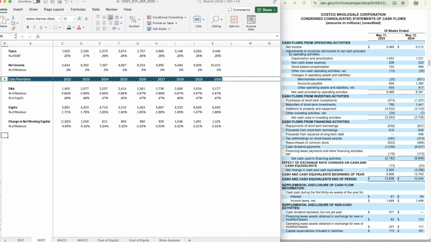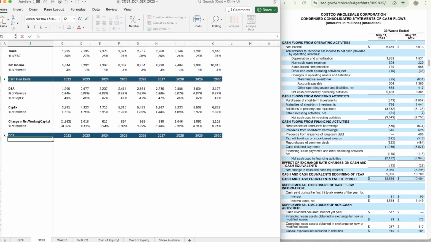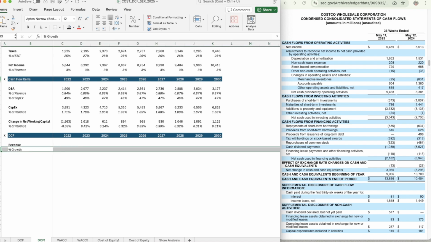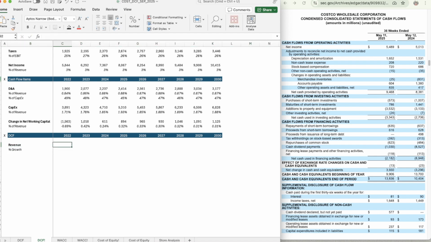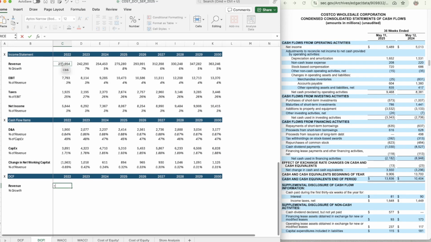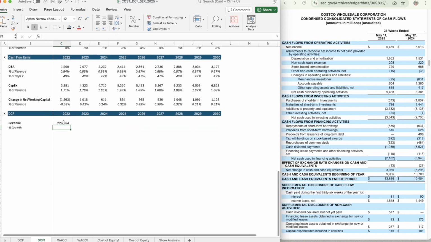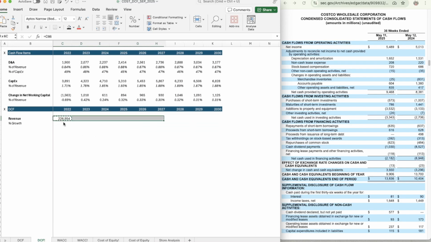And we're just over halfway now, so we should be able to do this. Most of it will just be copy paste. Just keep the revenue equal to revenue, percentage growth.